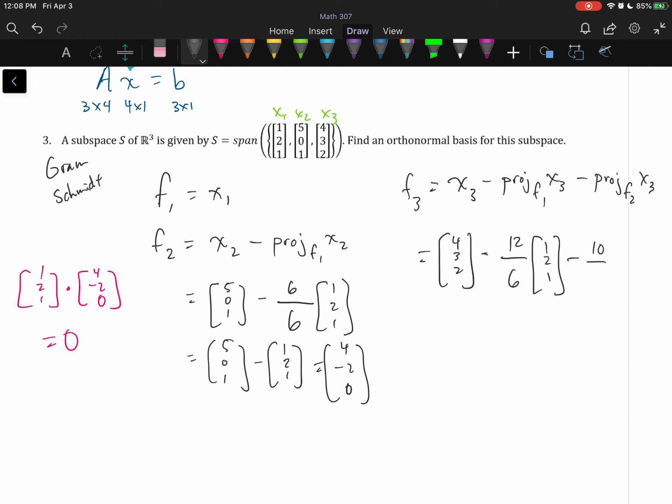And then the length of f2 squared would be 16 plus 4, 20. Ooh, nice. It's almost like somebody cooked these numbers so that they'd work out nicely. Okay. 4, 3, 2.